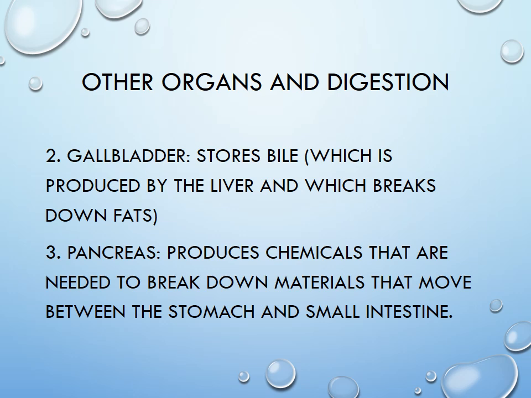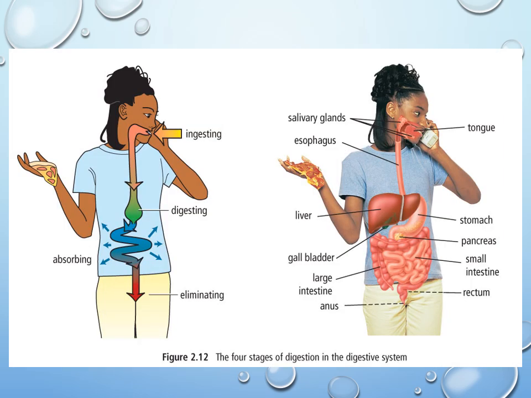The pancreas produces chemicals that are needed to break down materials that move between the stomach and the small intestine. So materials that move from the stomach to the small intestine are helped to be broken down by the chemicals that are made in the pancreas.